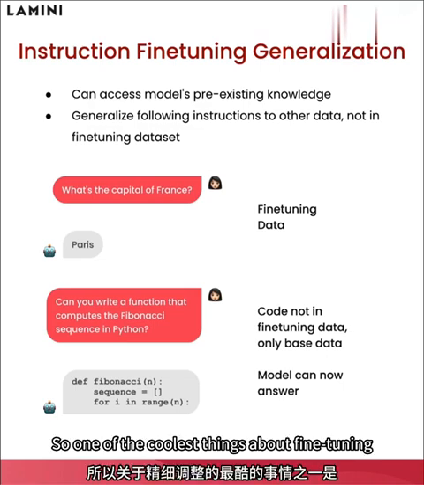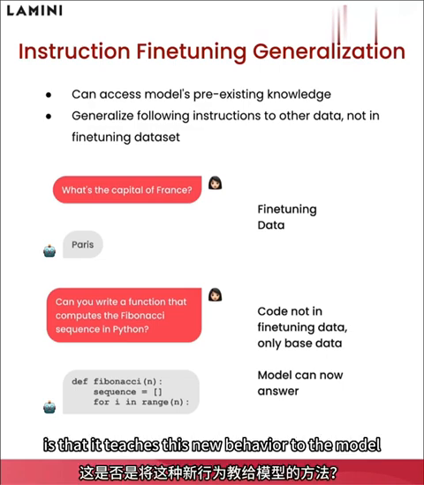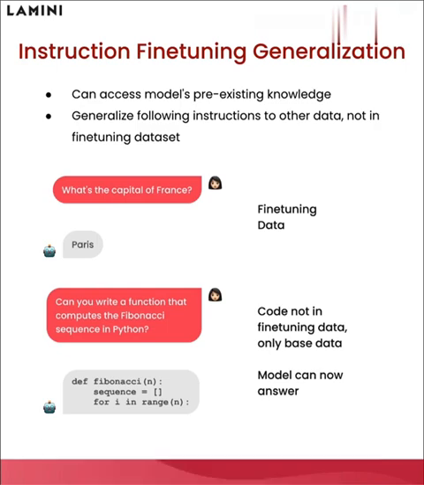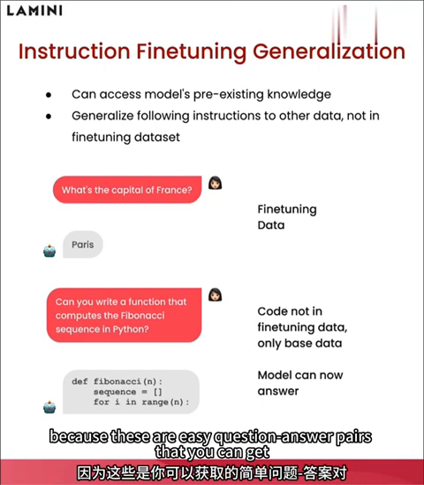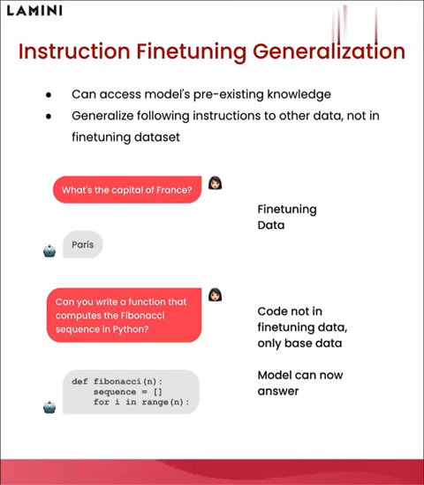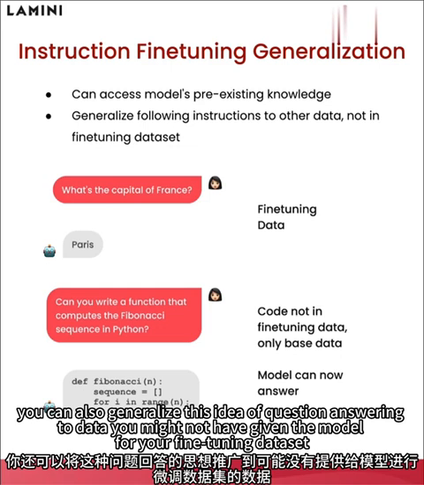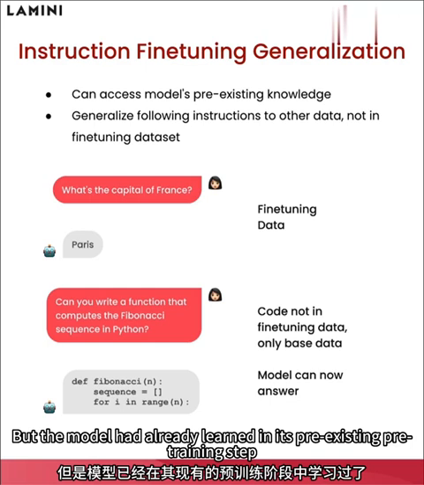Cool. So one of the coolest things about fine-tuning, I think, is that it teaches this new behavior to the model. And while you might have fine-tuning data on what's the capital of France, Paris, because these are easy question-answer pairs that you can get, you can also generalize this idea of question answering to data you might not have given the model for your fine-tuning data set, but that the model had already learned in its pre-existing pre-training step.